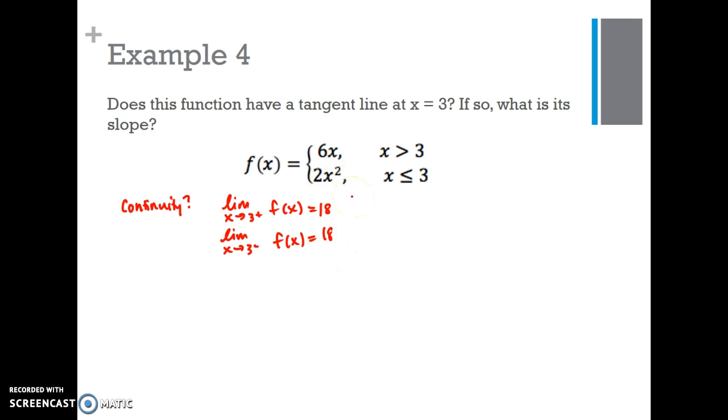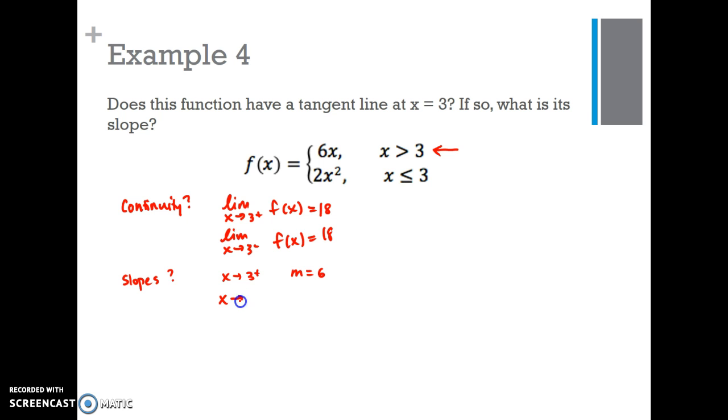So yes, we now have continuity, and so that's the first step. Now we're going to check to see if the slopes match. As x approaches 3 from the positive direction, I'm going to encourage you not to use any calculus. The line 6x has a slope of 6 because that's a straight line.